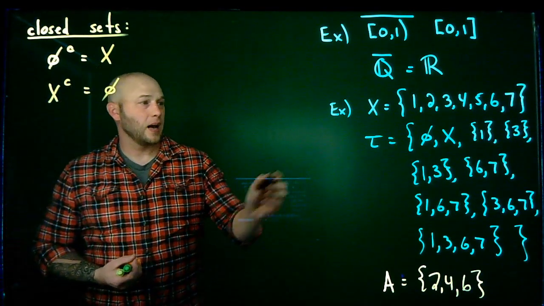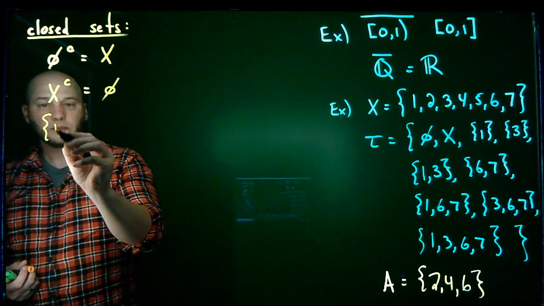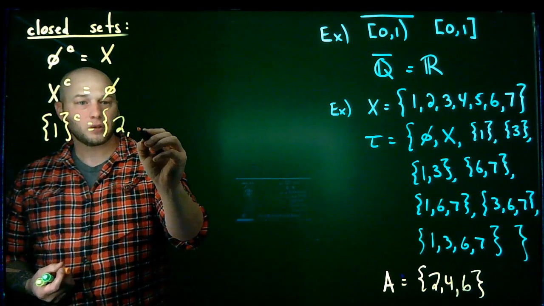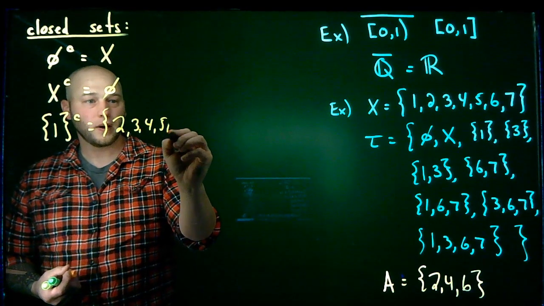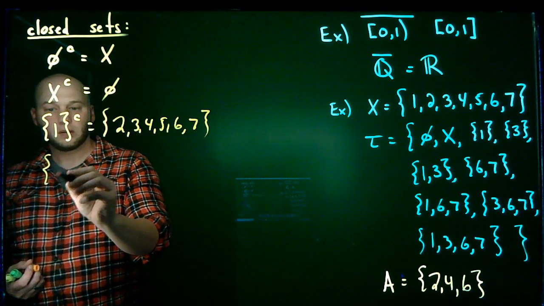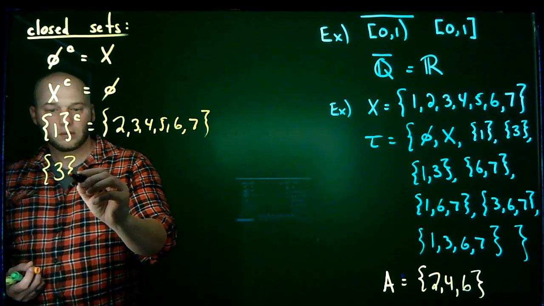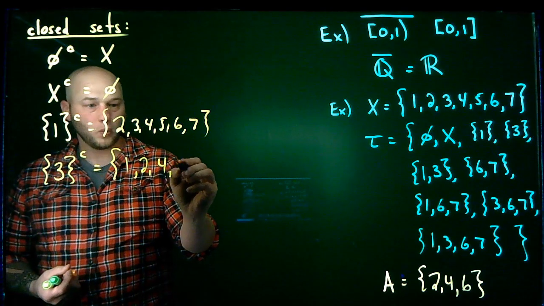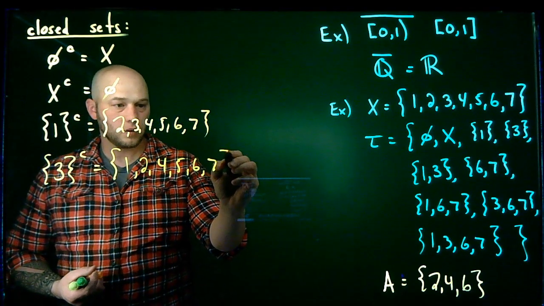And then if I take the complement of the singleton {1}, I'm going to get {2, 3, 4, 5, 6, 7}. If I take the complement of {3}, {1, 2, 4, 5, 6, 7}.